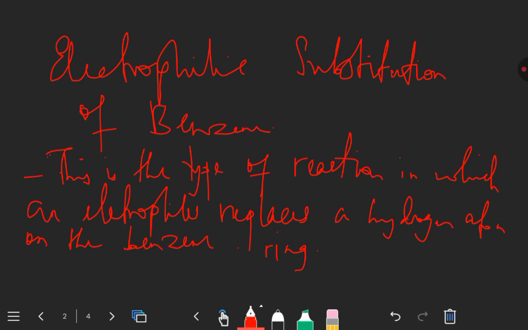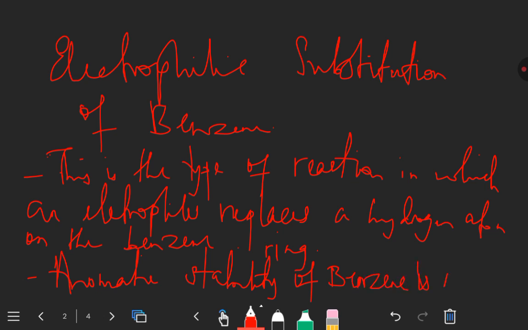As I mentioned, the aromaticity, or the aromatic stability, of this benzene ring is restored.